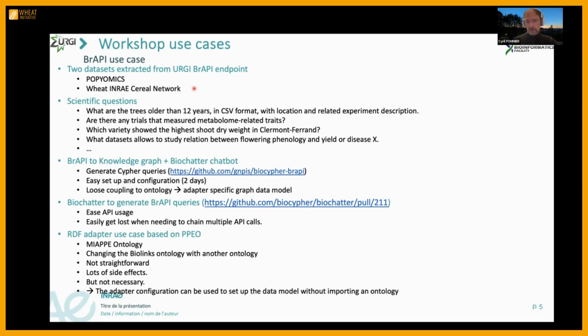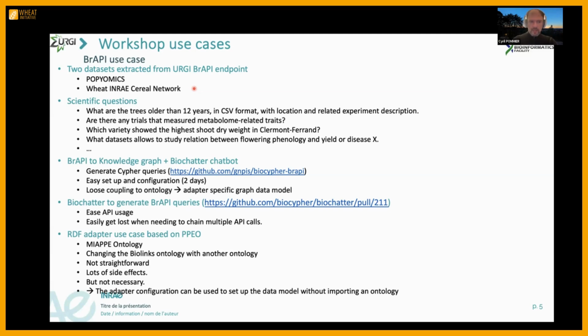As a reminder, the breeding API is a web service API developed for 8 years, something like that, with the CGIAR, Elixir, INRAE, well, a lot of people. And it provides a way to access germplasm data, so genetic resources, phenotyping data, and genotyping data. So our two data sets were on poplar and on the WheatIS cereal network.